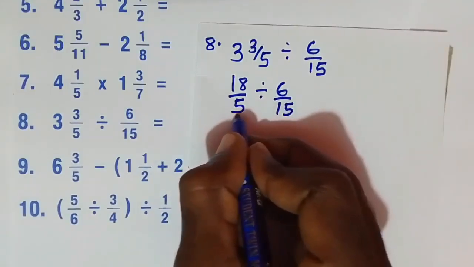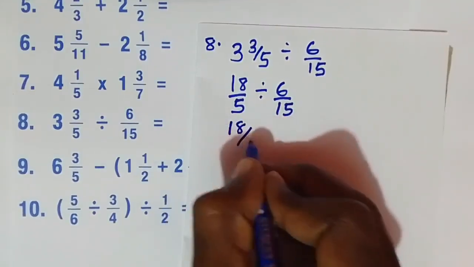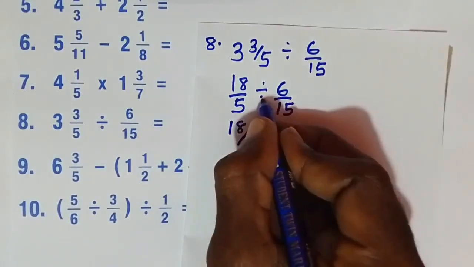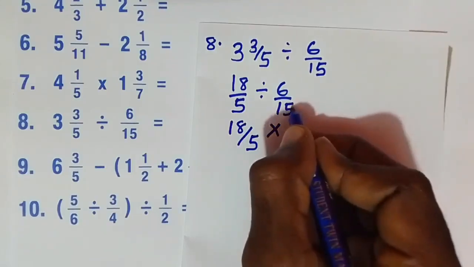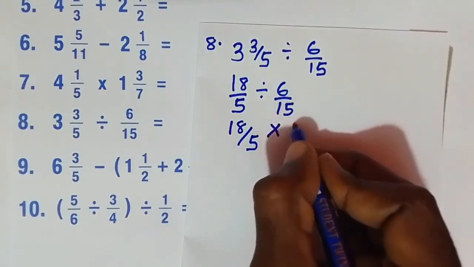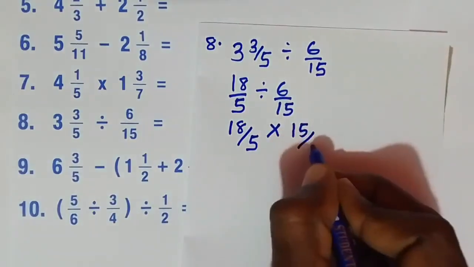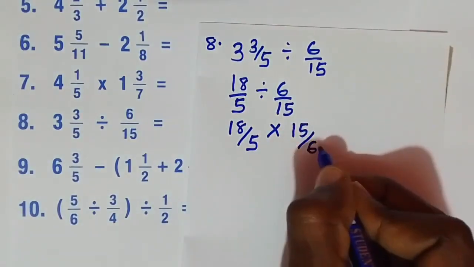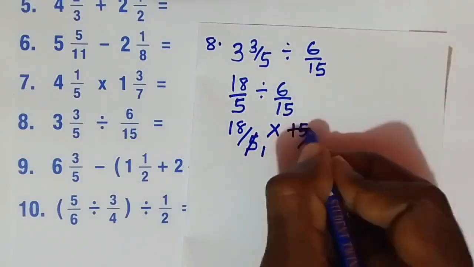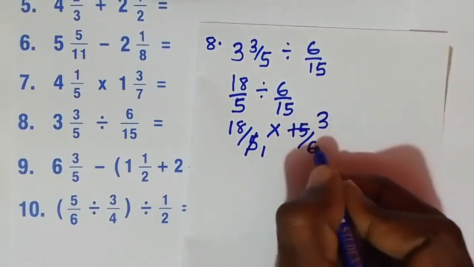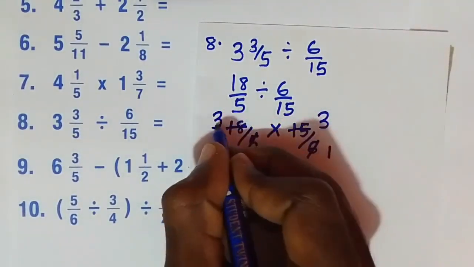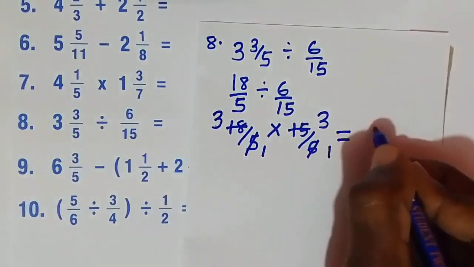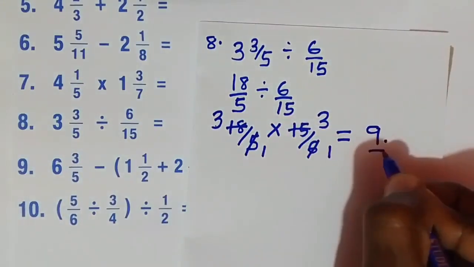We are going to keep the first fraction, 18 over 5. We are going to change the division into multiplication, and then we are going to reciprocate 6 out of 15. That is going to be 15 out of 6. Now we can simplify: 5 into 5, 1, 5 into 15, 3, 6 into 6, 1, 6 into 18, we get 3. 3 times 3, the answer is 9.